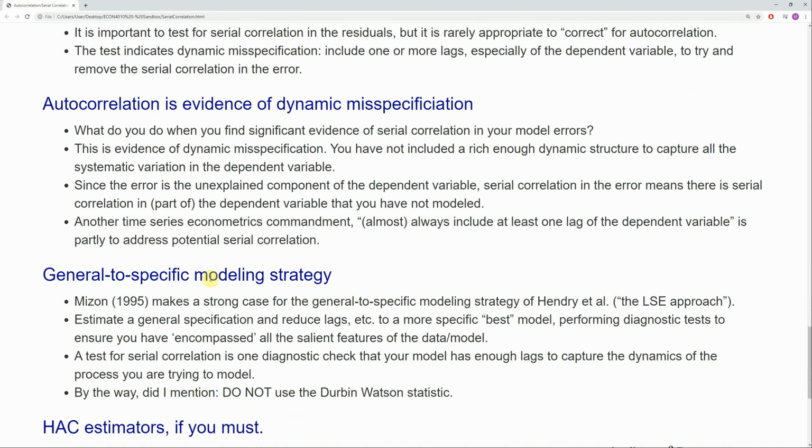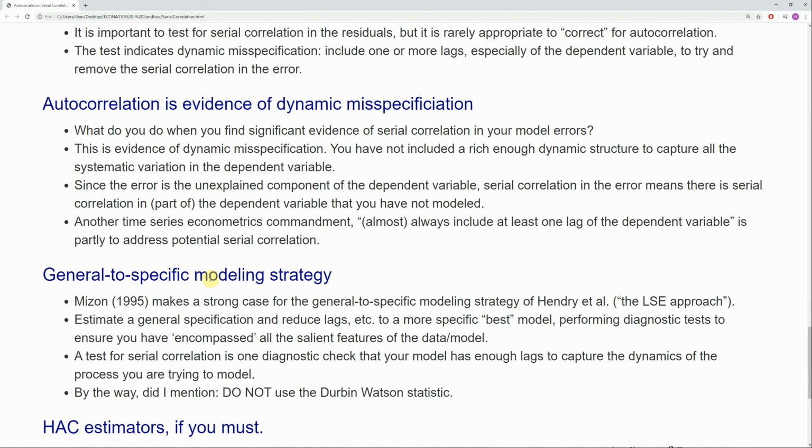If we use a general-to-specific modeling strategy, which we did last time in the dynamic econometric models case, we're going to be fine because we start from including basically everything that we have, the general pool, and start getting rid of stuff on the right-hand side that is not necessary to be in the model based on the tests that we are doing. So all the necessary stuff that needs to be captured is there since we included it. We included everything and got rid of stuff that was garbage. So whatever is there, it's important.